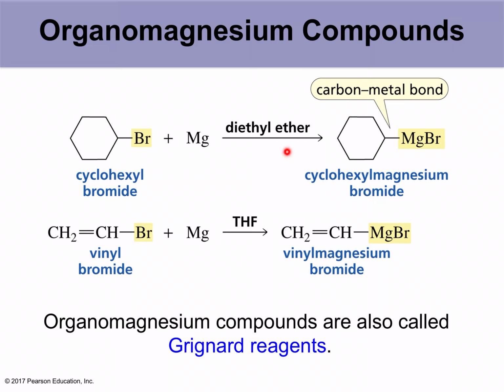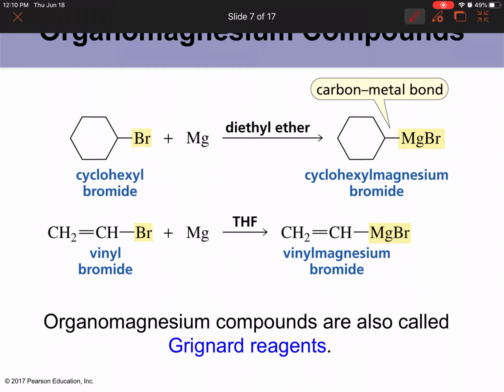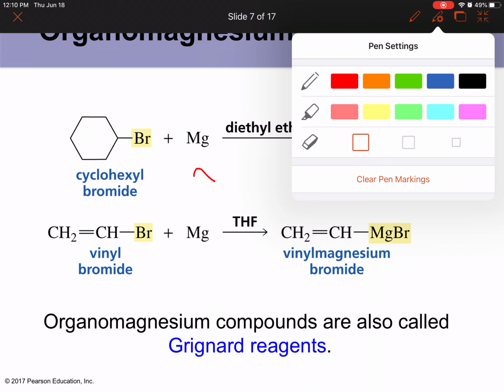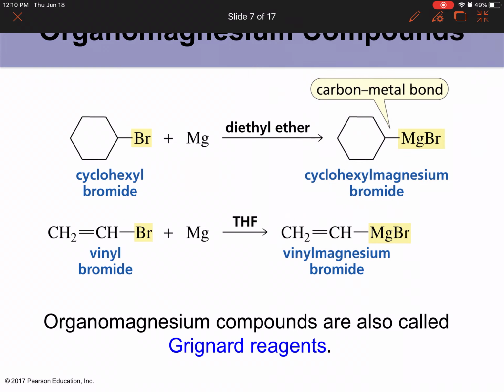Diethyl ether and tetrahydrofuran. THF stands for tetrahydrofuran. That's also another ether, a cyclic ether. Diethyl ether is like this. You have an ethyl group.